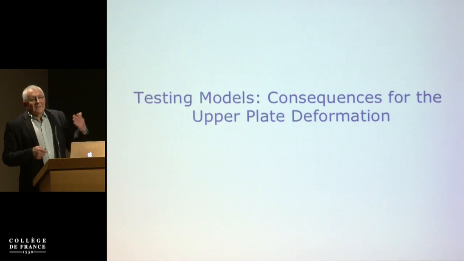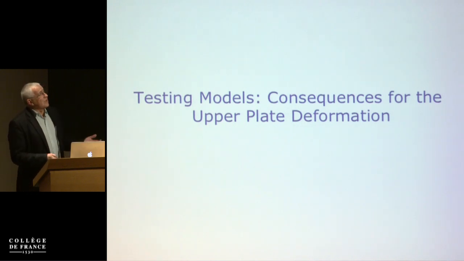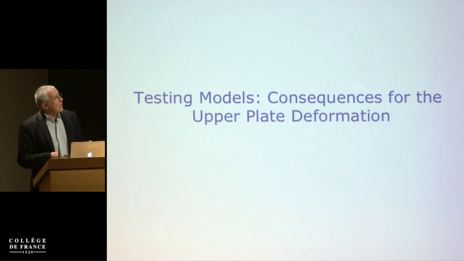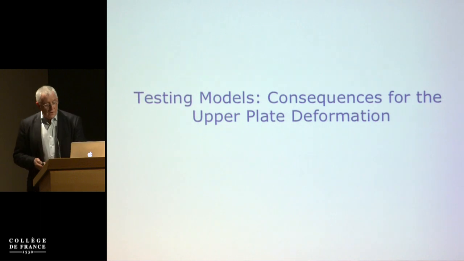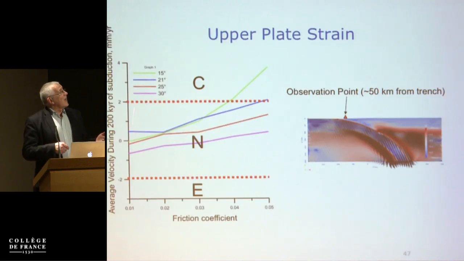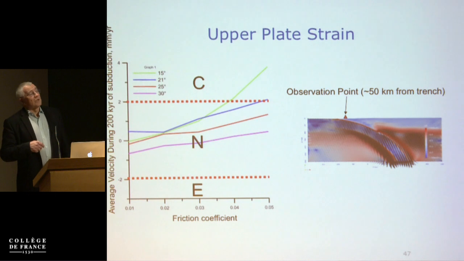Okay, now we can test our models. Let's look at what would be the prediction of our upper plate deformation above our models. We can run our seismic model for 200,000 years.